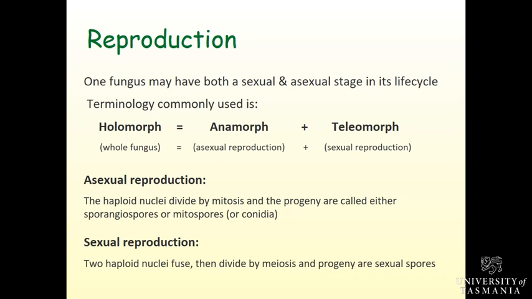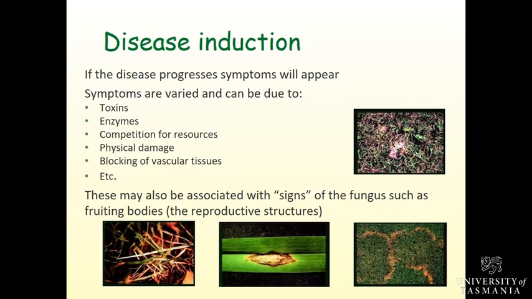They then can interact and exchange genetic information, divide by meiosis, and you end up with these sexual spores that are 2N that can eventually divide back into single N. So, just important to note that fungi can reproduce both sexually and asexually.